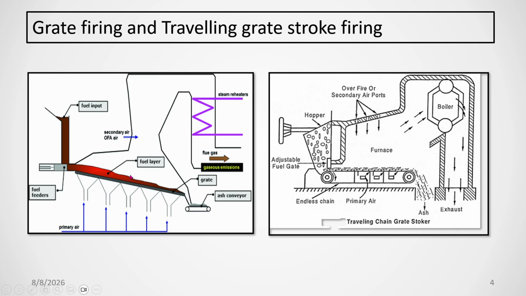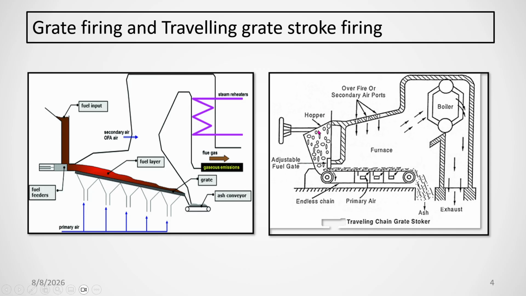This is the traveling grate, or chain grate. You see the grate is moving. There are a lot of slots mounted together with this chain, forming a chain, and it is rotating through power. These are perforated grates, and from the bottom we introduce the primary air.